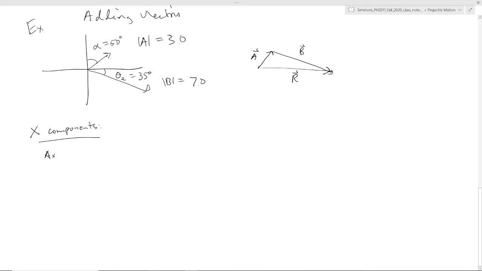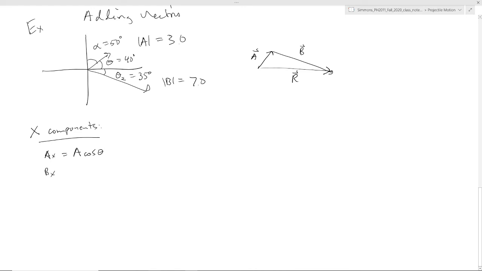But what I would recommend is do yourself a favor and just redraw this off the x-axis. So you have theta. Now if this is 50, then this would have to be 40 degrees. You're free to put things into what you're more familiar with. So if we do that, the a x piece would just be a cosine theta.